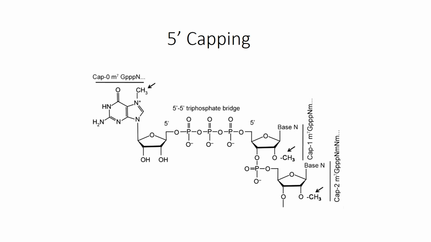When I was showing the picture, I was showing the base that is being added. Now, here what has happened? To this base, a G is added, that is, a guanine nucleotide triphosphate is added in the reverse direction. That means this is the 5' end of the first base, and this is the 5' end in this direction of the guanine nucleotide that is being added.